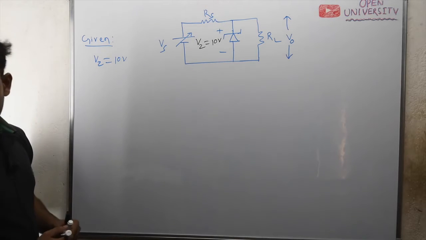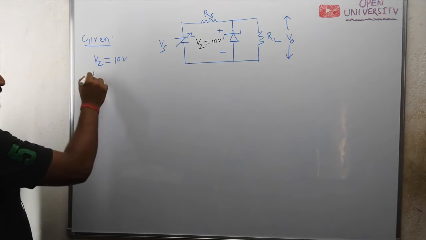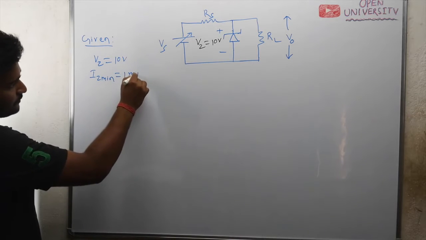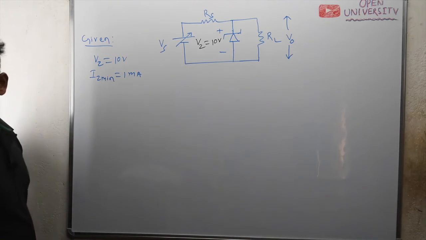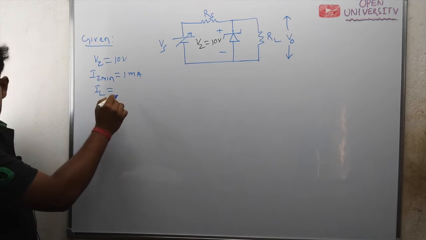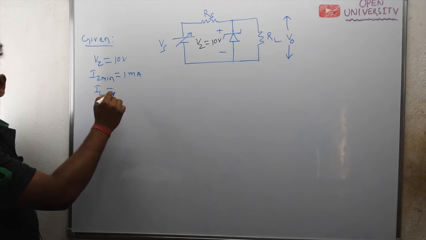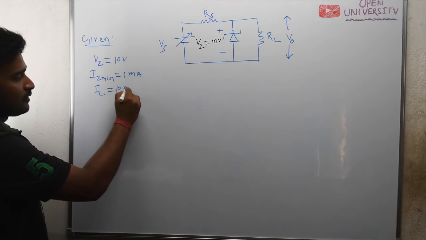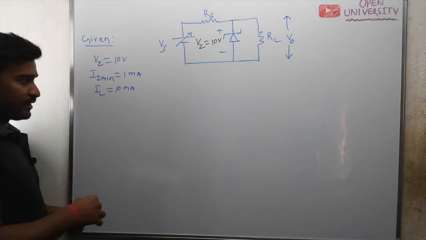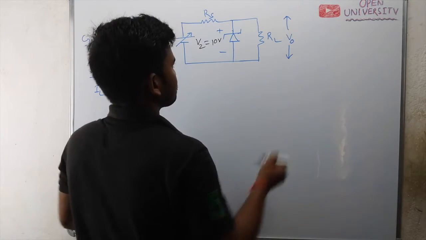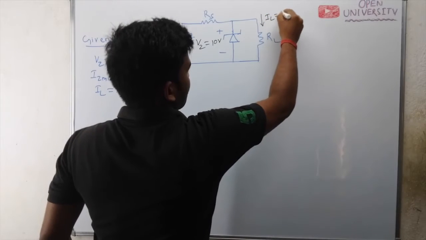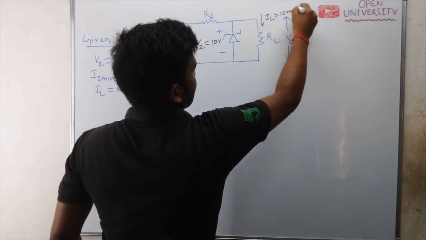Knee current IZ min is given to be 1 milliampere, and load current IL is given to be 10 milliampere.